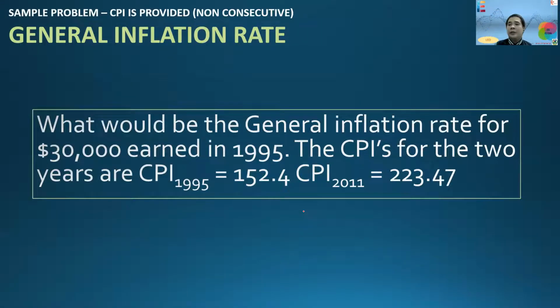So, here is an example if it's not a consecutive number of years. What would be the general inflation rate for a 30,000 earned in 1995? The CPIs for the 2 years are 152.4 for 1995 and 223.47 for 2011.